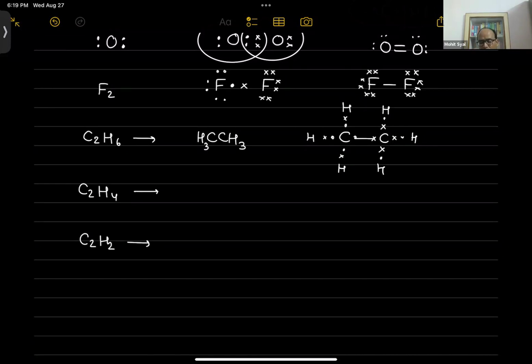C2H4, that is CH2CH2. Got it? Yes, sir. And this is CH. Right? Carbon needs to complete its octet. Normally, in second period elements, we have seen it in the last class, the octet needs to be completed. Got it? The octet rule is valid for the second period elements. Right?